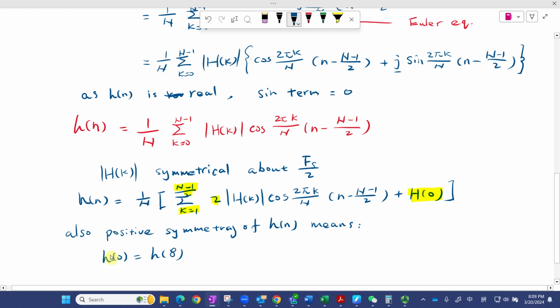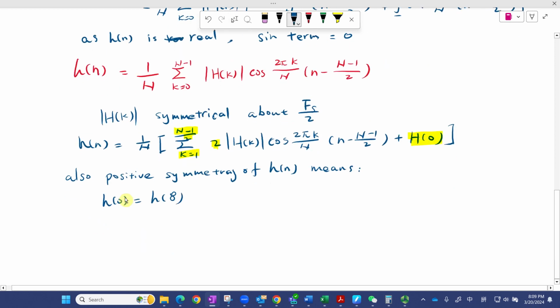So n equal to 0 and n equal to 8 are the same. Another thing is H1 equals H7. So H2 equals H6, H3 equals H5, and H4 equals, of course, H4.